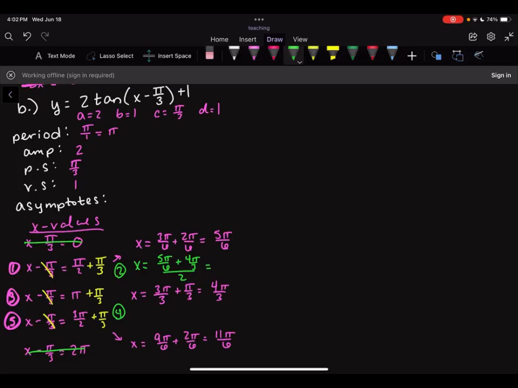Adding fractions, so I get 5 pi over 6 plus 8 pi over 6. And then I'll multiply that by 1/2. So this one's going to give me, let's see, 5 plus 8, so 13 pi over 12.